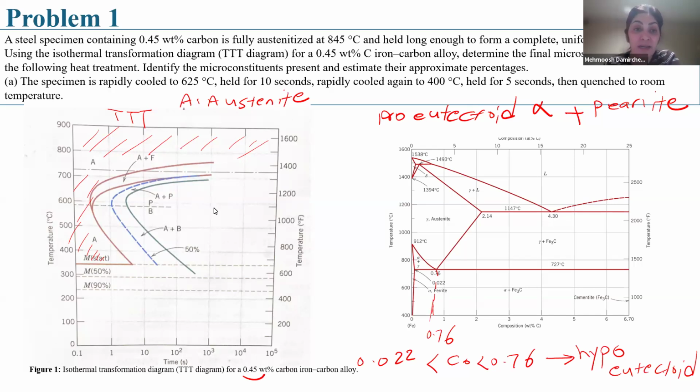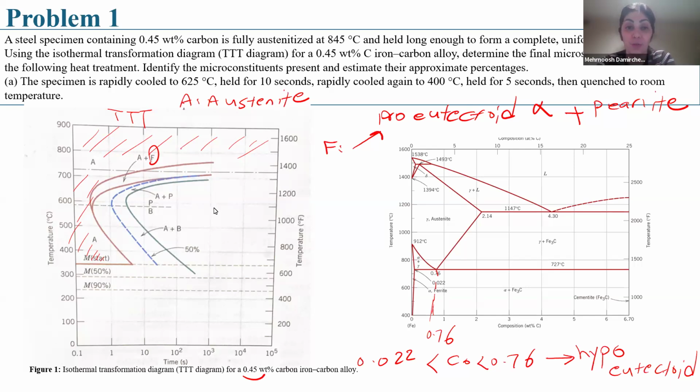So here, this F means proeutectoid alpha. You cannot write only ferrite because in pearlite we have laminar layers of ferrite and cementite. We are only talking about proeutectoid ferrite, the needle shape that we have.